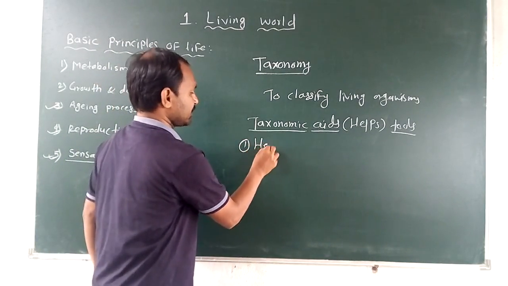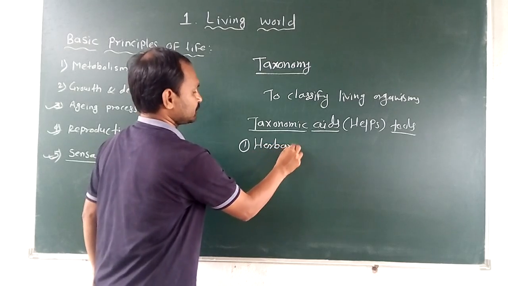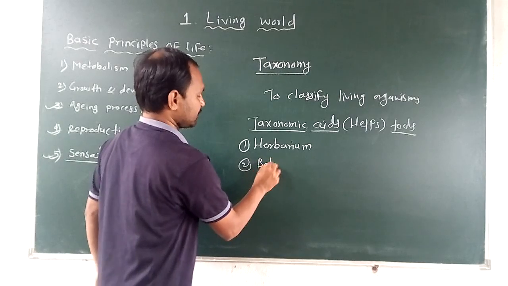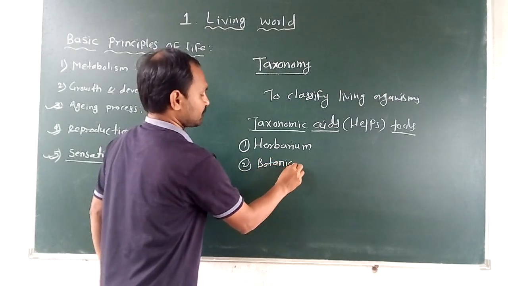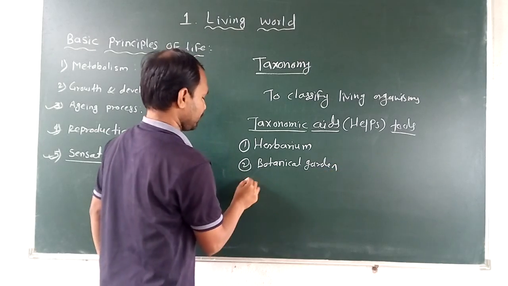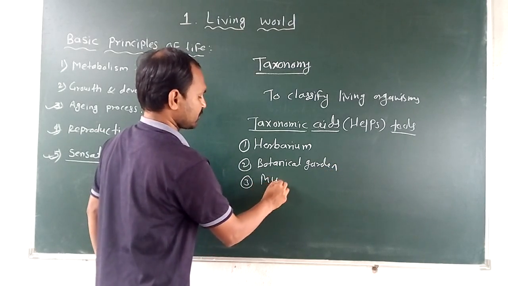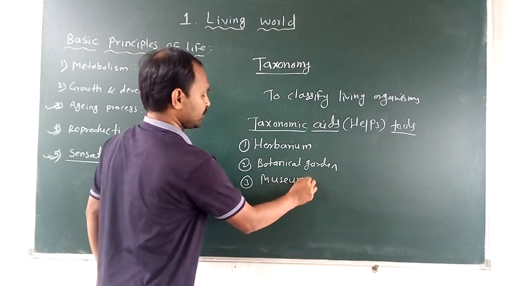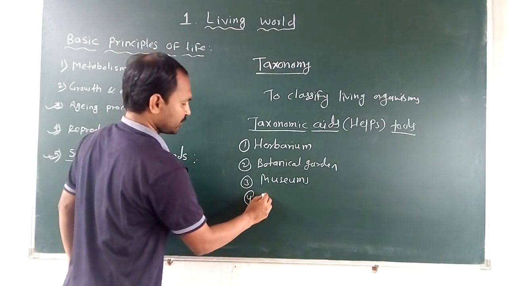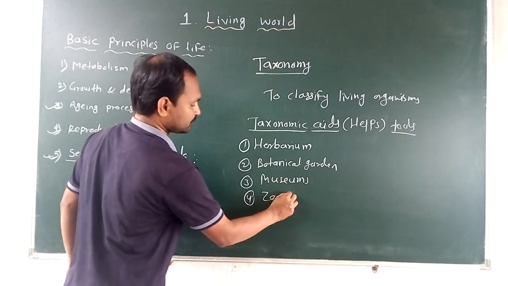First one is the herbarium. Second one is the botanical garden. Third one is the museums. Fourth one is the zoo park.